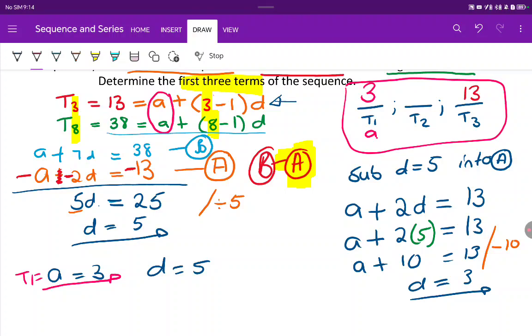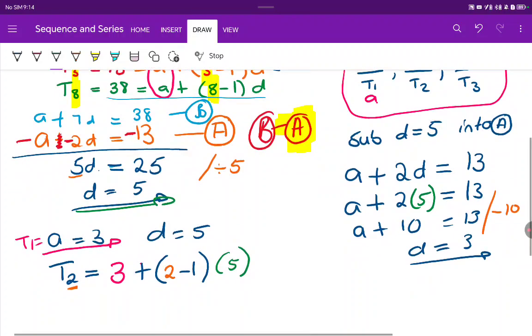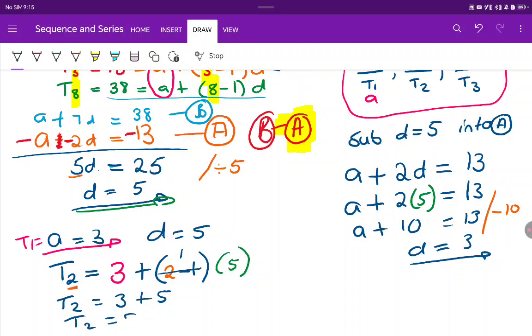For term 2, I use the formula: term 2 is equal to a, which is 3, plus n, which is 2, minus 1, times d. And now d is 5, right? If I solve that, 2 minus 1 is 1, so 1 times 5. So 3 plus 5. Term 2 equals 8.